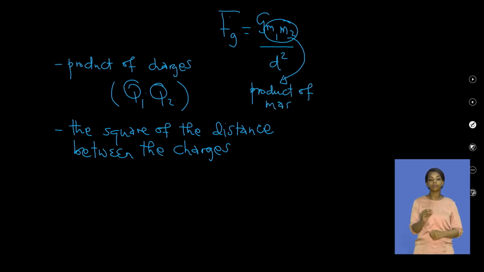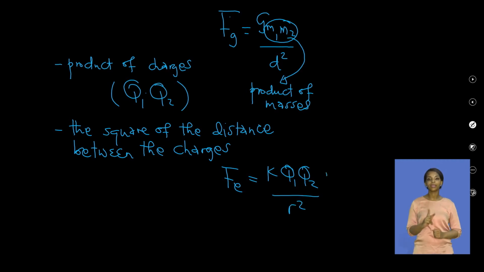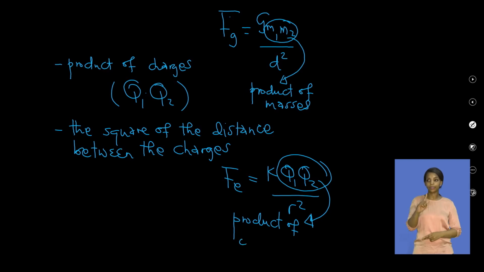It's never about the charges, while on the other end, if we talk about the electrostatic force, it's k Q1 Q2 over r squared. So this is the product of the charges.